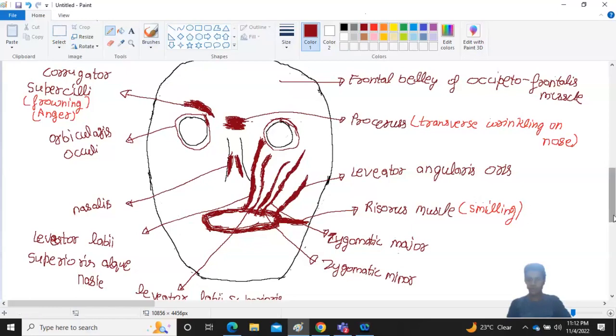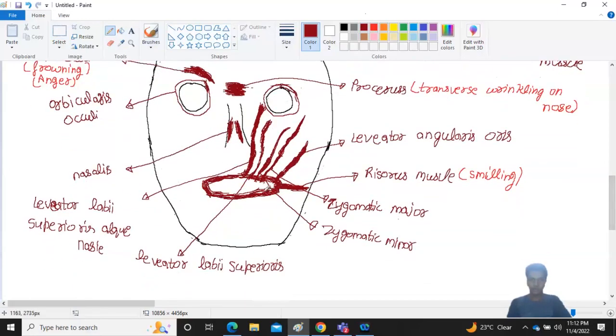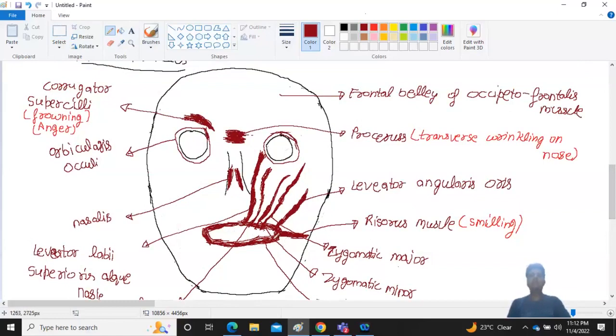This muscle is called orbicularis oris. Remember, around the eye is orbicularis oculi. This is orbicularis oris.